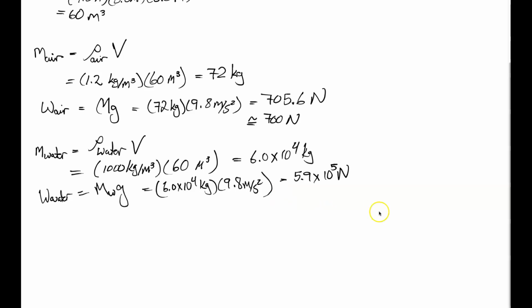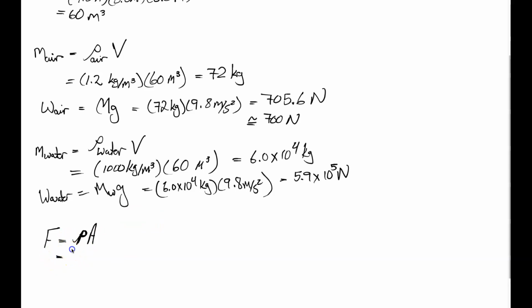And now if we want to look at the pressure and see how much the downward force, we can say that the force is equal to the pressure P, not the density, the pressure times the area.